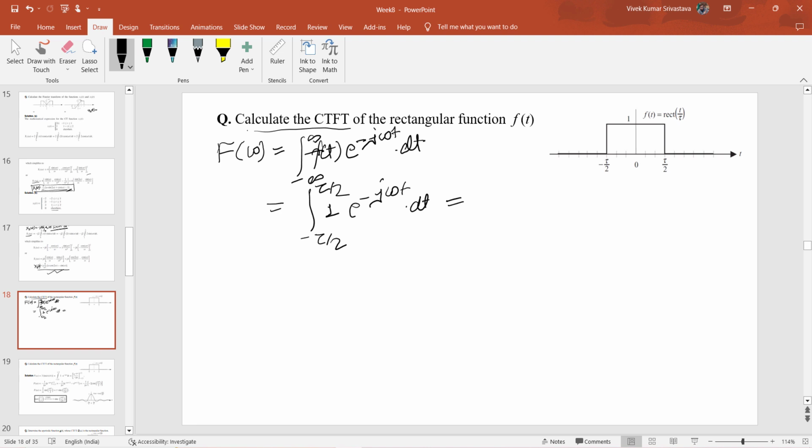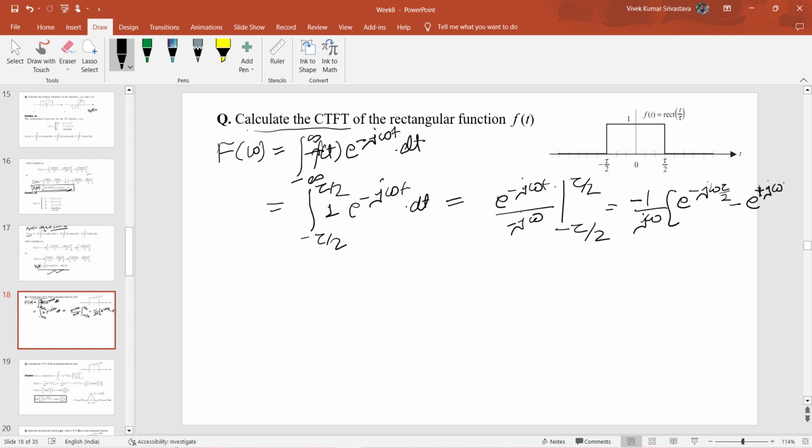This integral will be nothing but e^(-j omega t) over minus j omega, and now we can put the limits of integration, from minus tau by 2 to tau by 2. We can simplify this as minus 1 by j omega times e^(-j omega tau/2) minus e^(+j omega tau/2).